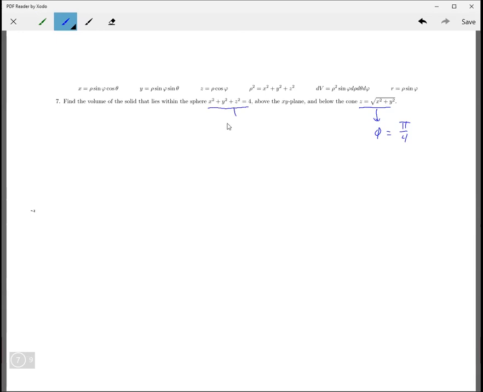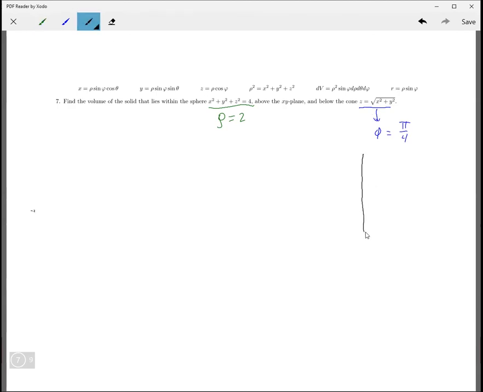And this one is rho squared equals 4, or rho equals 2. I guess I should do that in a different color. So this is rho. Rho equals 2. This sphere. Okay, and the cone is phi equals pi over 4.